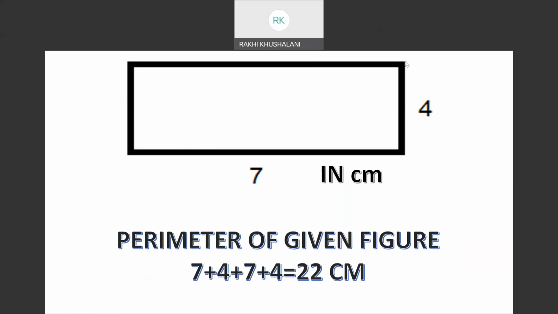So in such a situation, the perimeter of this rectangle will be 7 plus 4 plus 7 plus 4, the border. 7, 4, 7, 4, which gives me 22 centimeters.